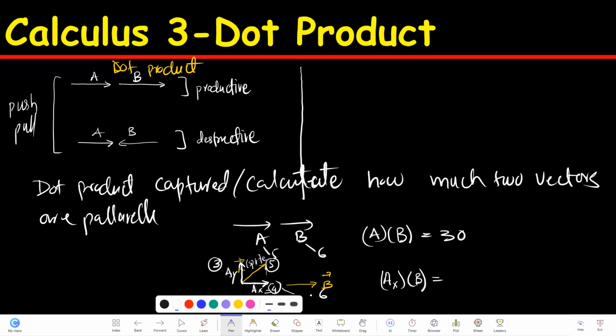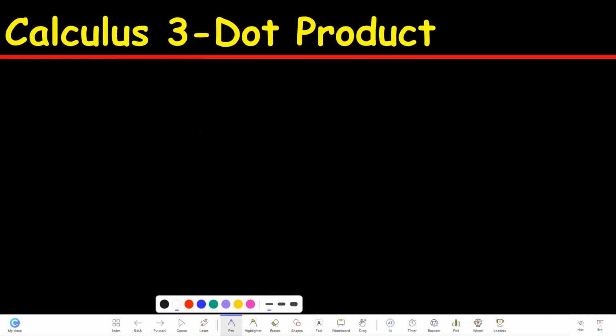You multiply 4 by 6 and the answer is 24. So you notice one thing: it used to be 30, now it dropped to 24. And that's exactly what the dot product means we are calculating. That's a summary of the dot product. Let's jump into that and do more work with the dot product and go from there. Okay, so let's continue.